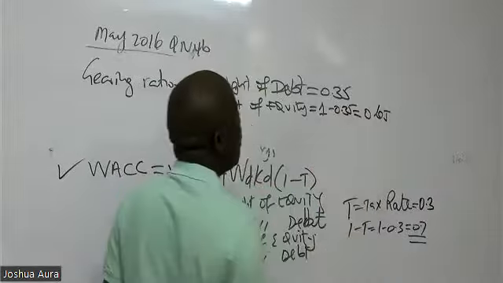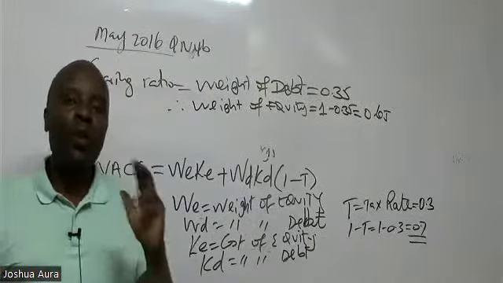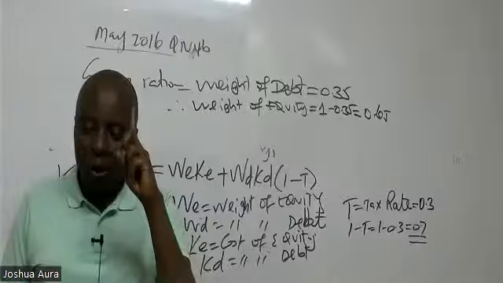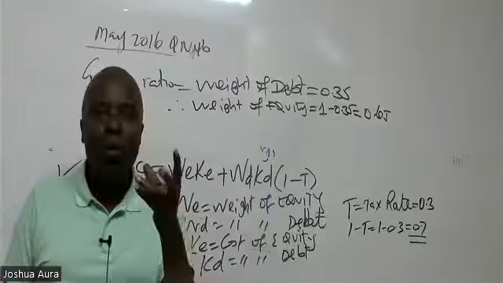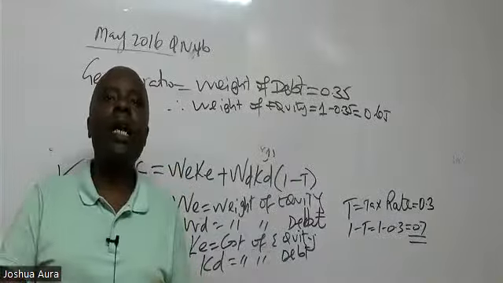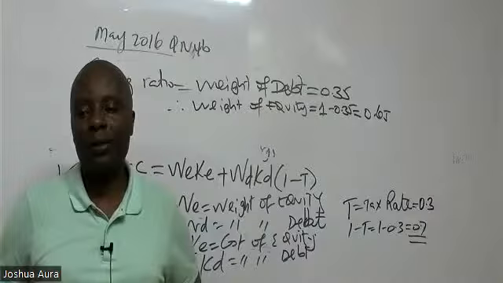The two are mutually exhaustive. When you add the two, they must always add up to 1. Once you tell me one component, getting the other component is as easy as a walk in the park.